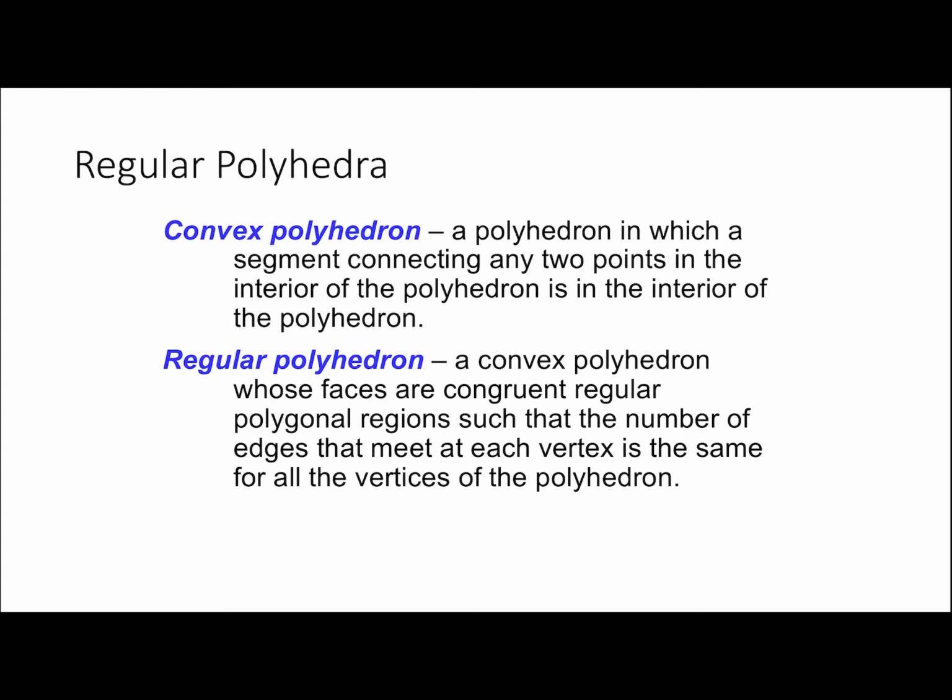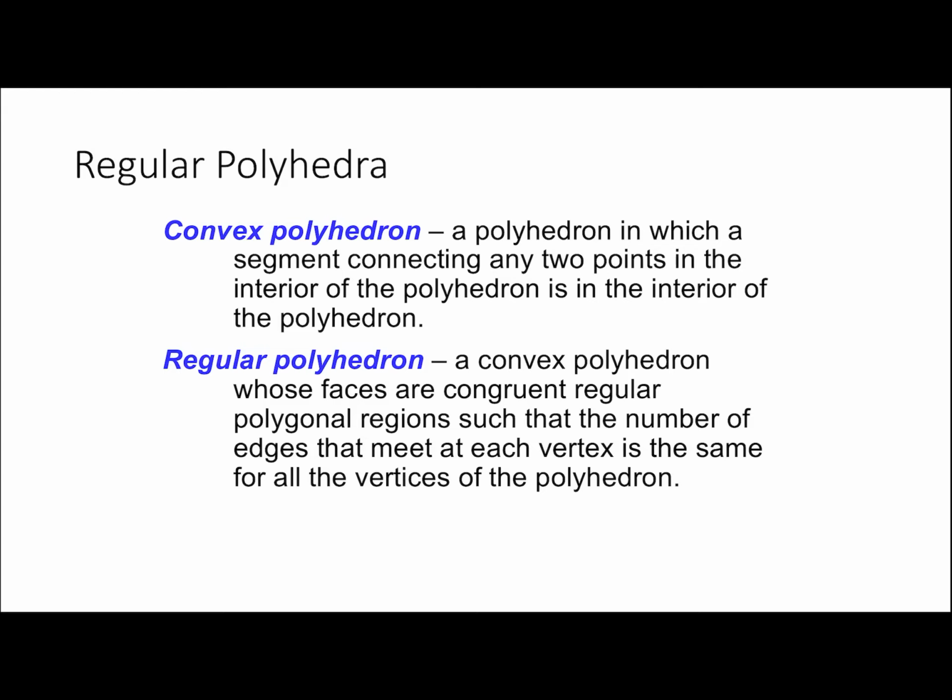And some are really, really neat looking, where all of those faces are the same shape and they're regular, forming a regular polyhedron. And then there's some that are concave, where you have maybe different shapes. It's still a polyhedron, but it can be really a kind of a wild looking shape.